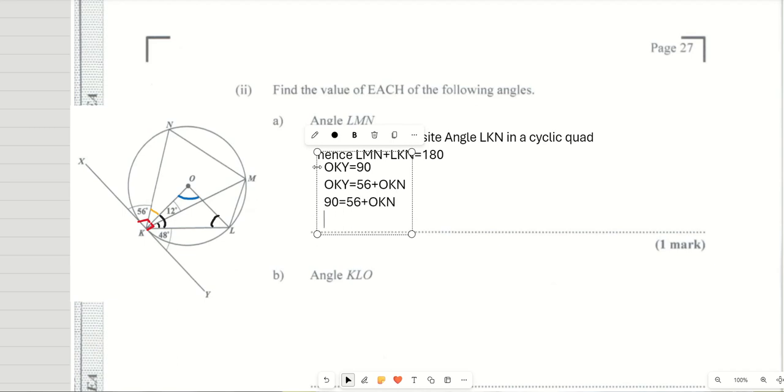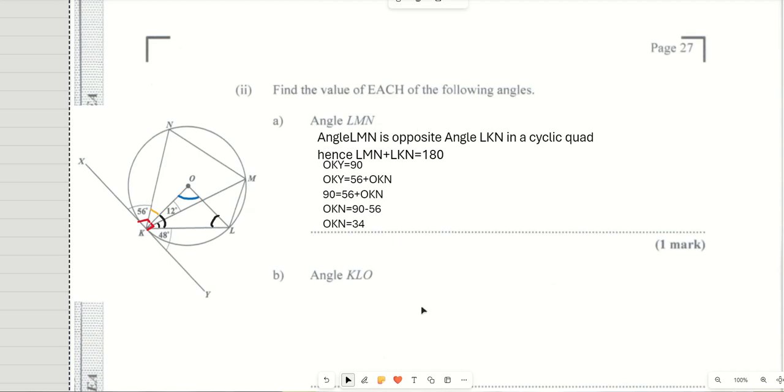So OKN would be equal to 90 minus 56. Alright, so we know that OKN is equal to 34.